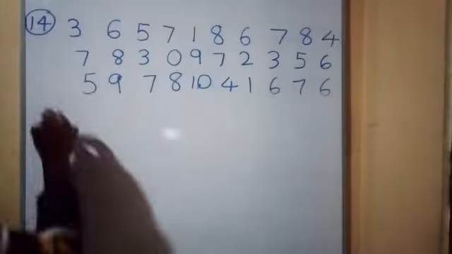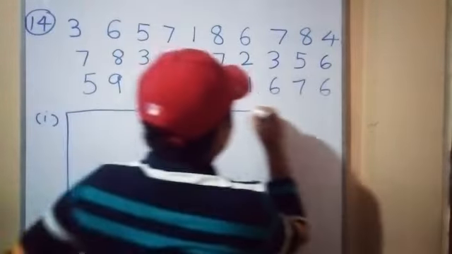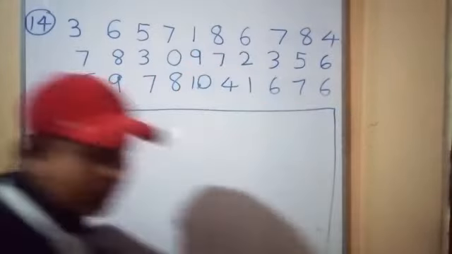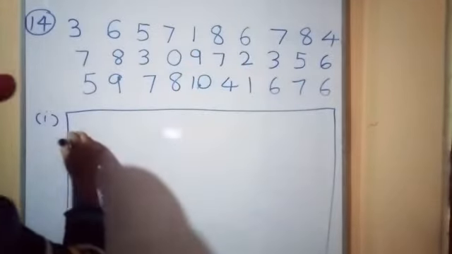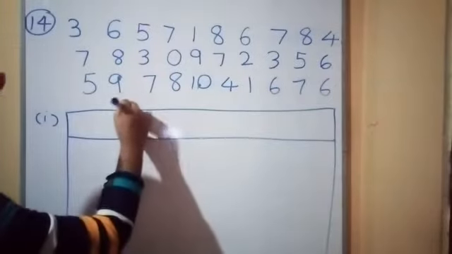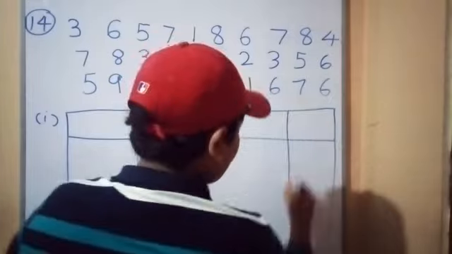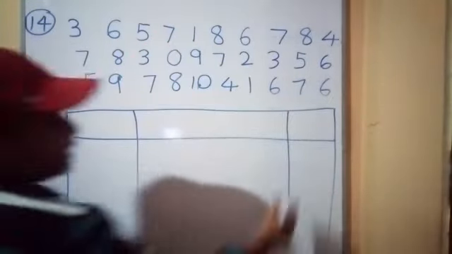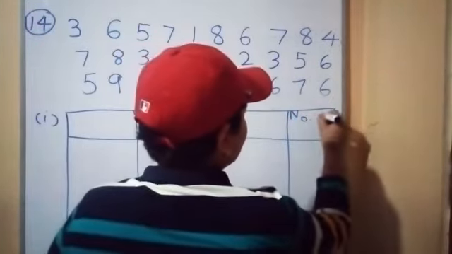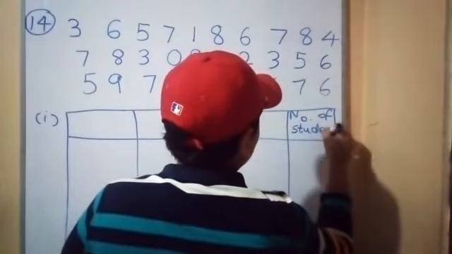Now, this is the first one. I want to draw a table to introduce this. There I have marks, tally marks, number of students. Right? I can say number of students.